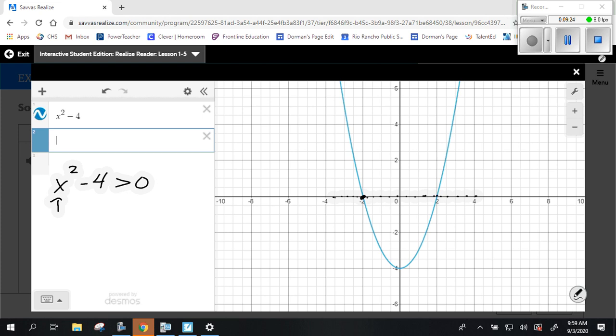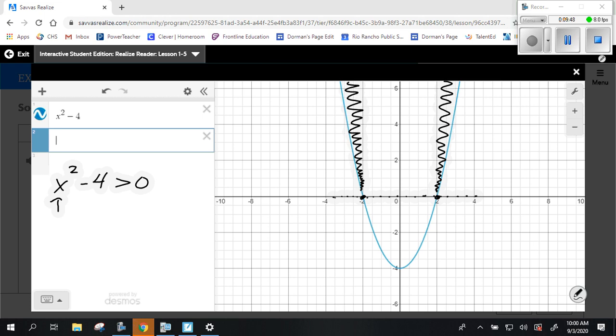So what we're saying is that any value of x, right, that's less than -2, or that is greater than +2, is going to be positive. So we could write that in a couple different ways.